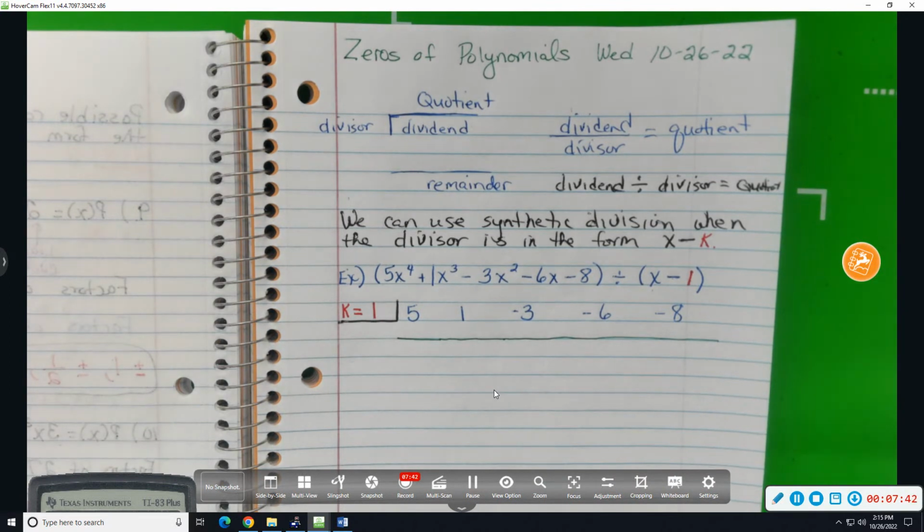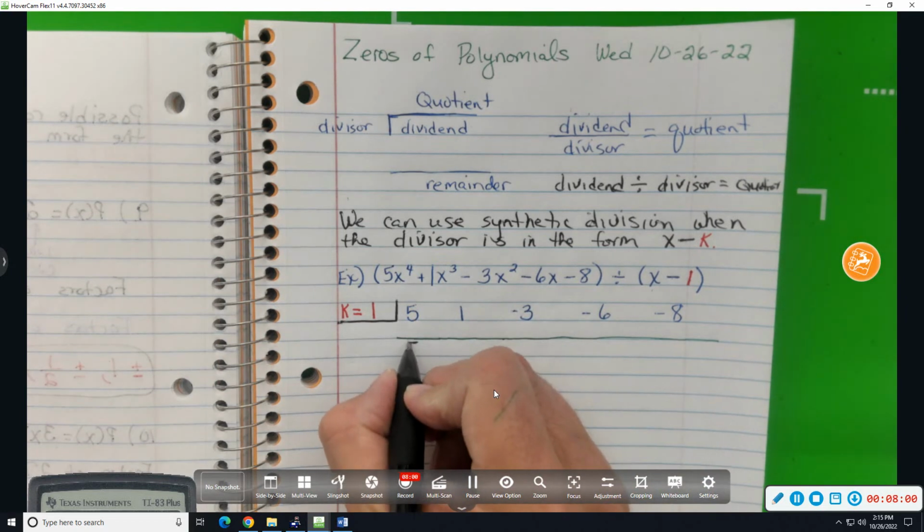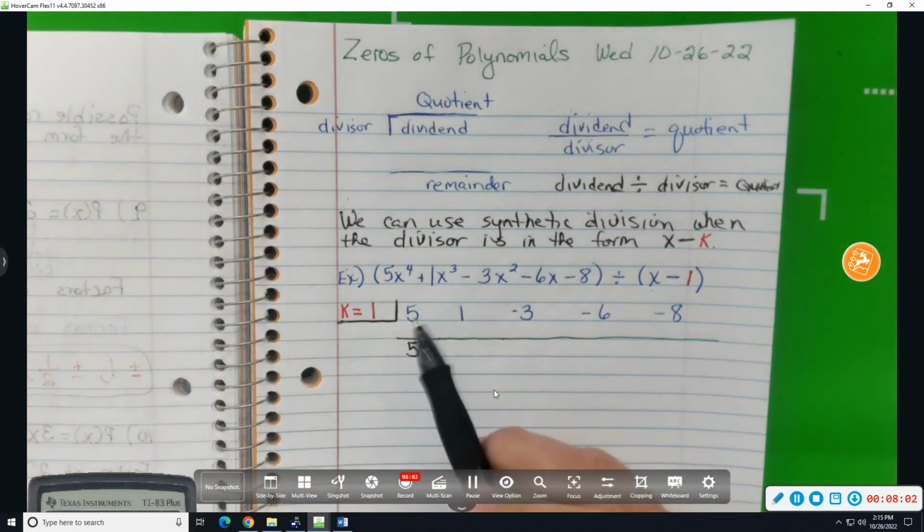Again, it's going to take 3 lines on your notebook paper, and you just follow this pattern I'm showing. Take the first number in the dividend, 5, carry it down below the line. This spot right here stays blank.